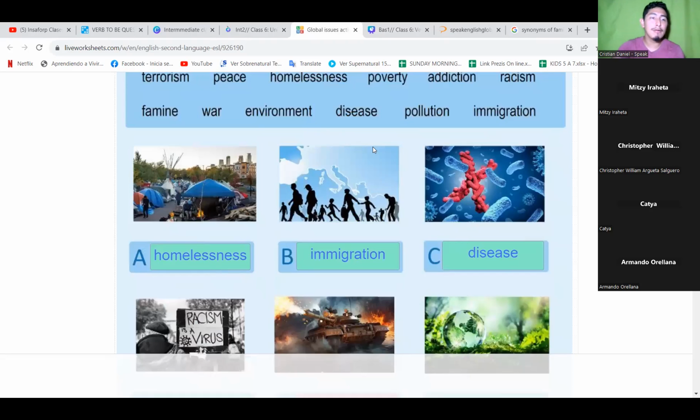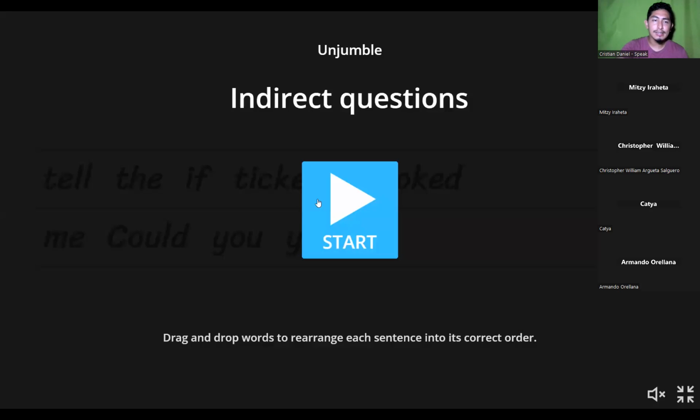After that, everybody, we follow the structure of a sentence, depending on the tense we are asking the question. If it is simple present, we follow the structure of a sentence in affirmative form in simple present. If it is in simple past, for example, we follow the same structure of a sentence in affirmative form in simple past. To continue with that activity, guys, let's complete the next exercise.